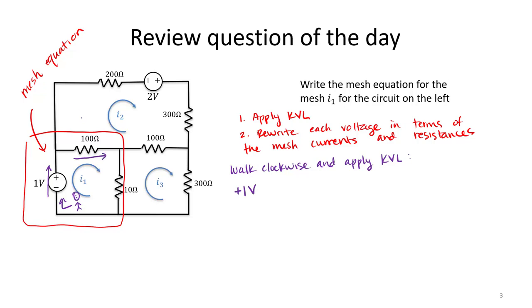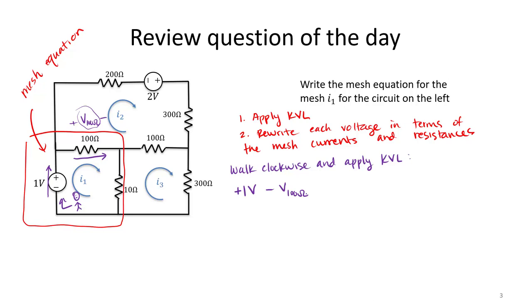Next, I'm going to walk across this resistor. Notice that the current and the direction I'm walking are the same. So in this case, I'm going to lose the voltage drop across my 100 ohm resistor. So I'm going to say minus V100 ohms.